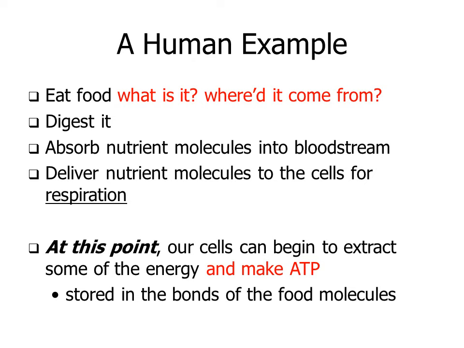We get all the glucose out that it made through photosynthesis. And then all that glucose nutrient molecule will go to the cells for respiration. So when a food molecule has been completely processed, the cell has used the food molecule's stored energy along with oxygen to create a large number of high-energy-storing ATP molecules, water, and carbon dioxide.